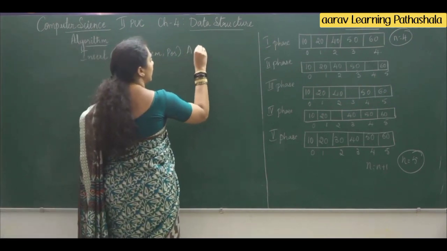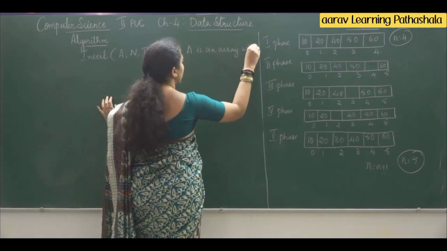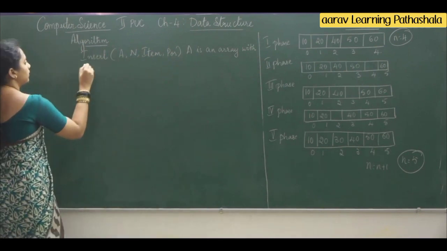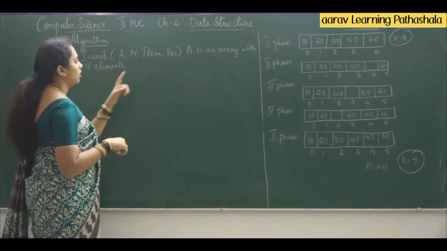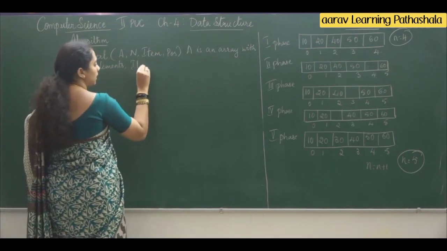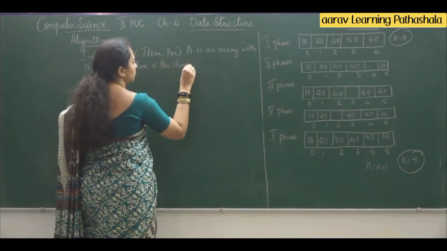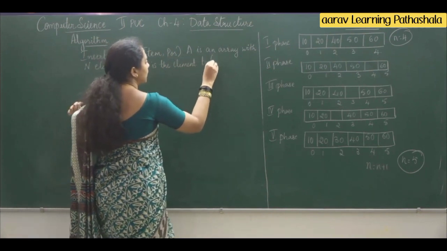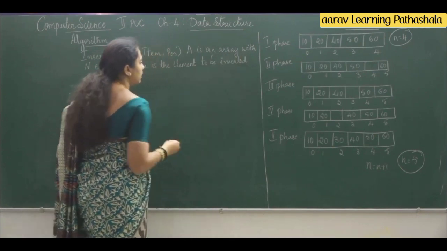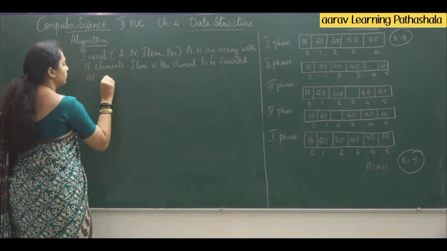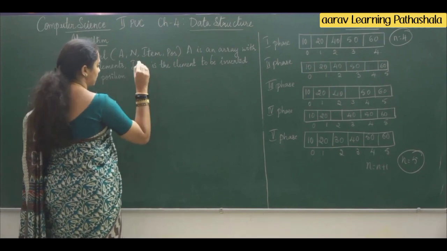So A is an array with n elements, Item is the element to be inserted at position POS.